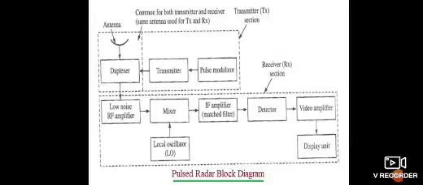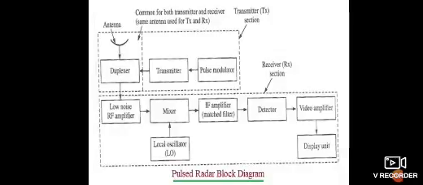The first division of radars is into pulsar radars and CW radars, based on the transmitting of the signals, and the pulsar radars used in our application are classified into searching radars and tracking radars.